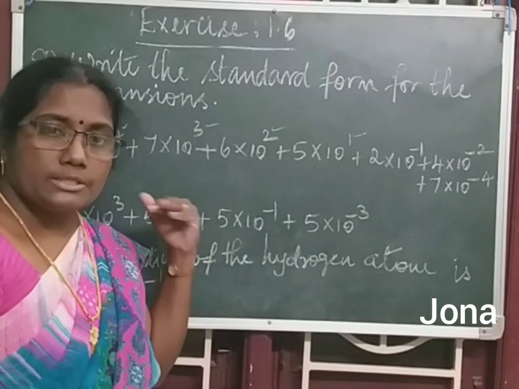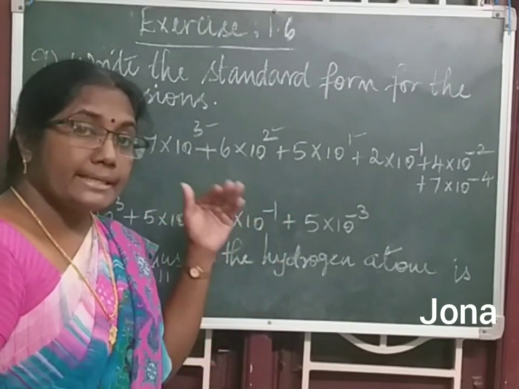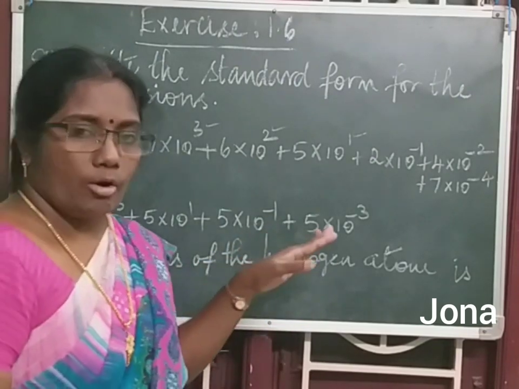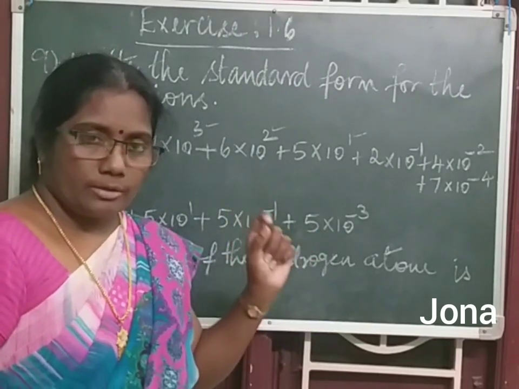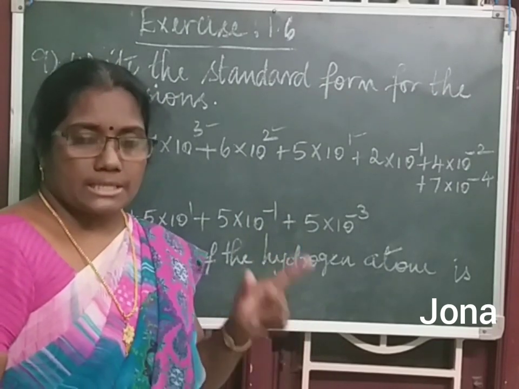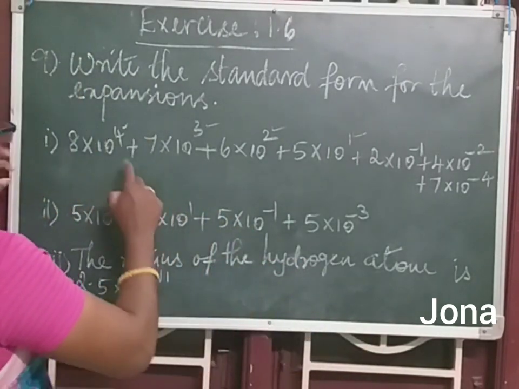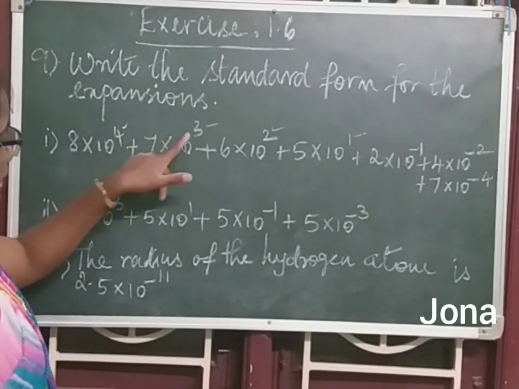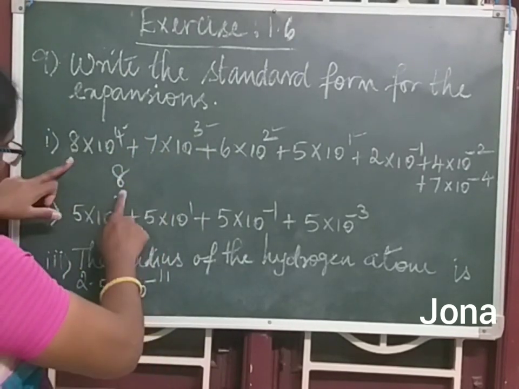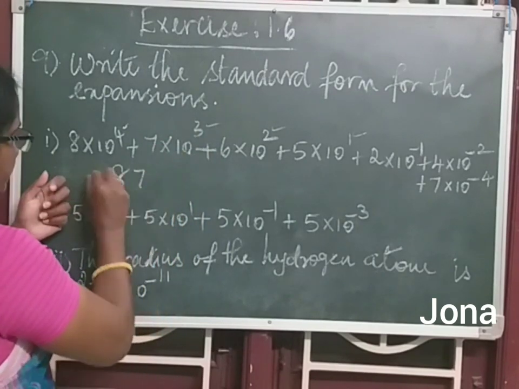First we want to check the powers, whether they are in the proper decreasing order. If not in order, we want to see which one is missing, and instead of that I want to put 0. Let me see the problem. Here 10 power 4 and then 10 power 3. So for 10 power 4, 8 is the first number. Put 8 here. And then 10 power 3 is there, put 7 here.